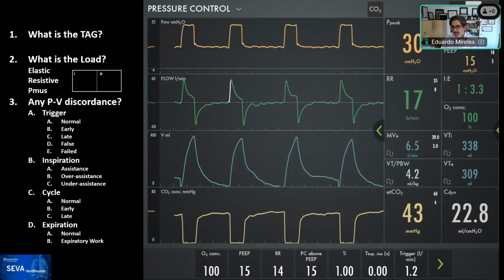But in general, I'm going to ask the team, just take a look at this and start going down the list of what you think is going on. What's the tag? What's the load? And the PV discordance. And so just watch it for a second. Go in order.